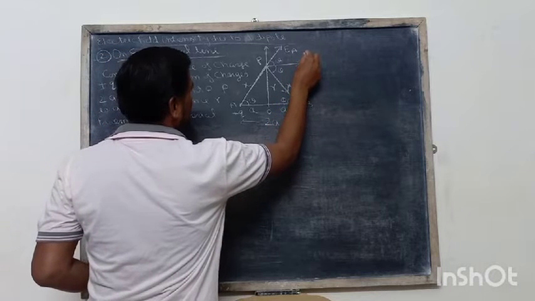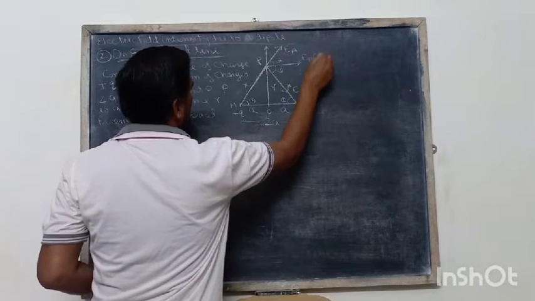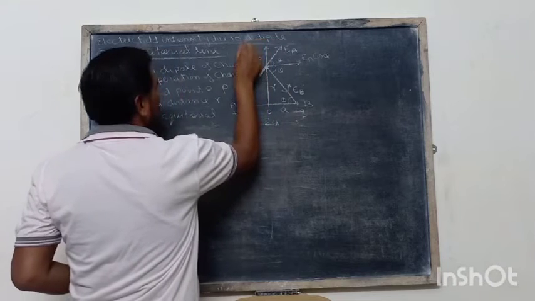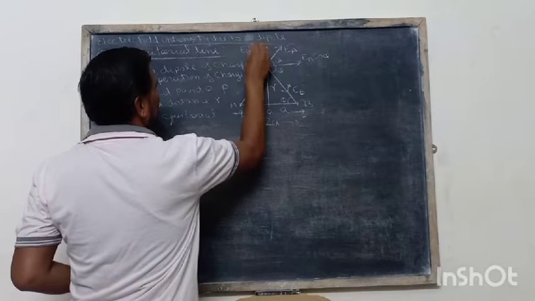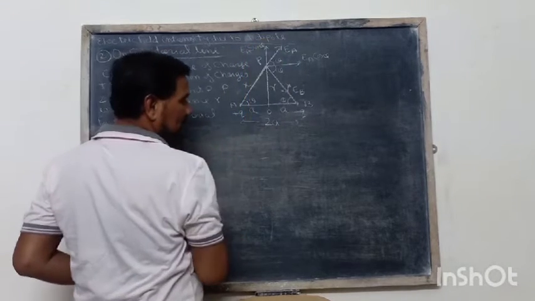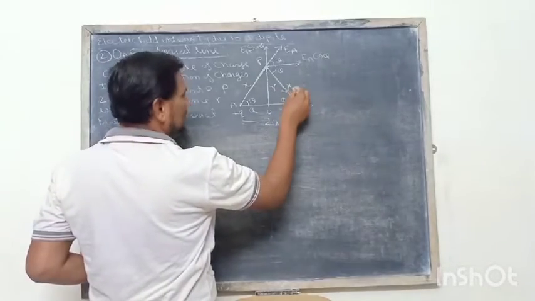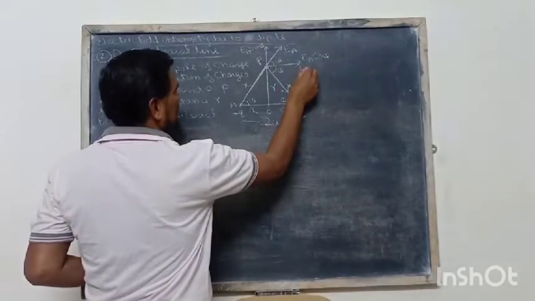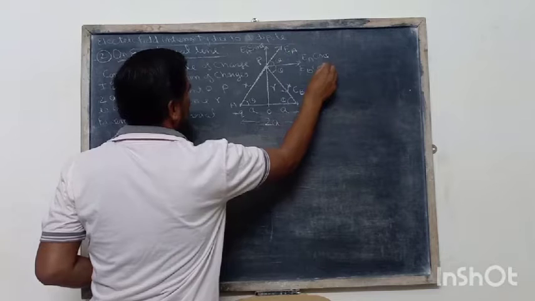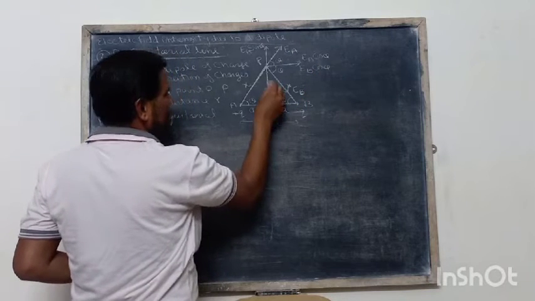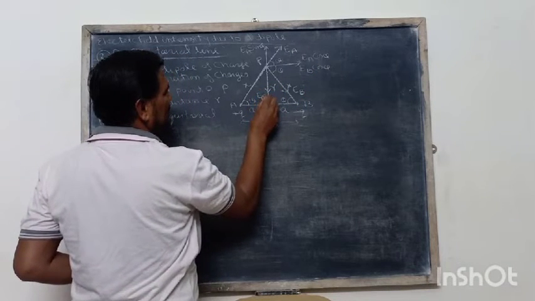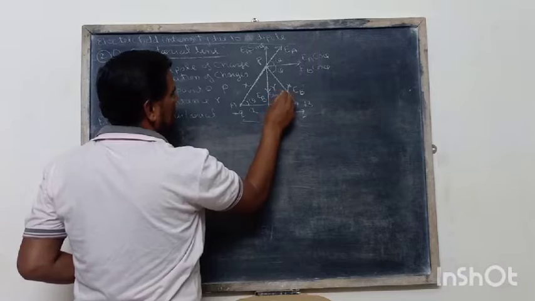Here will be the cos component, EA cos theta. Here it will be EA sin theta. Now EB is to be resolved, EB cos theta, and here it will be EB sin theta.